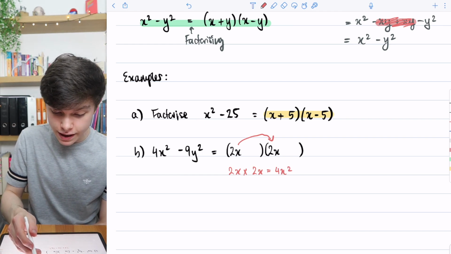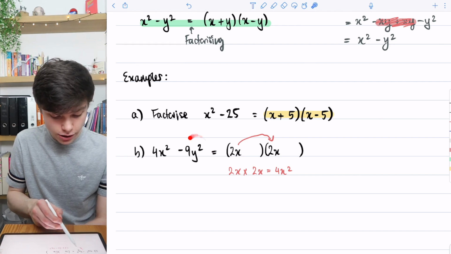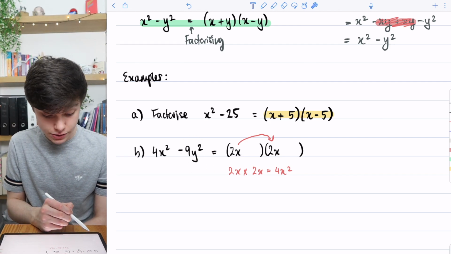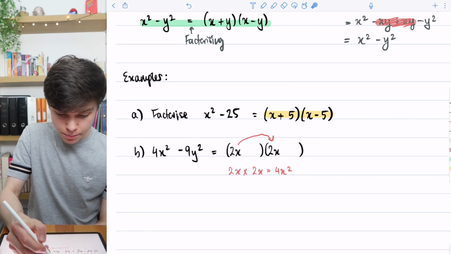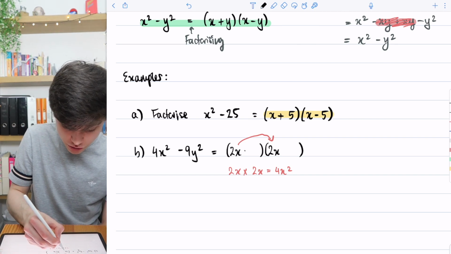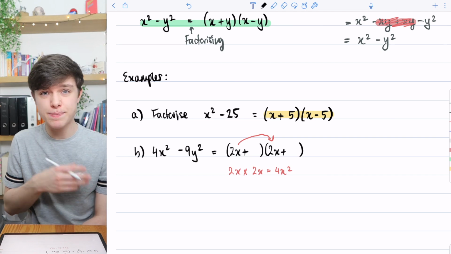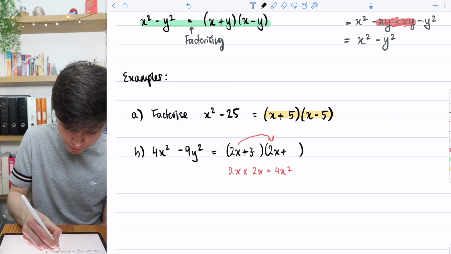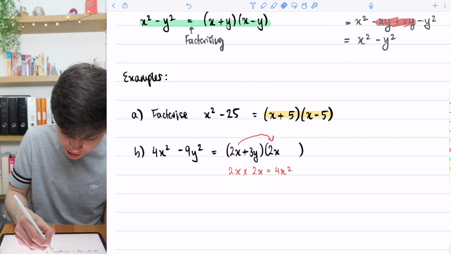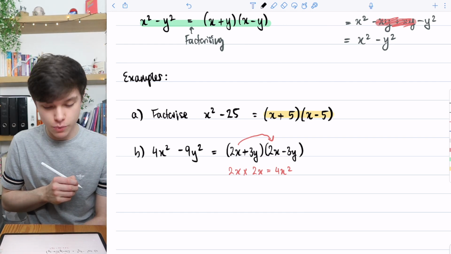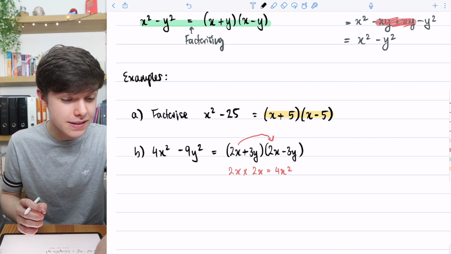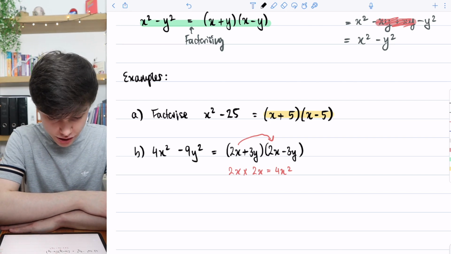And then we need to think, right, is this a square number? Well, yes it is, because 9 is square, and so is y squared. And so we're going to have a plus and a minus, and then we're just going to think what multiplies by itself to give us 9y squared. Well, square root, we will get plus 3y, and sorry, that should be minus 3y. And we could check whether that works, and checking against the answer, that's exactly what we should get.